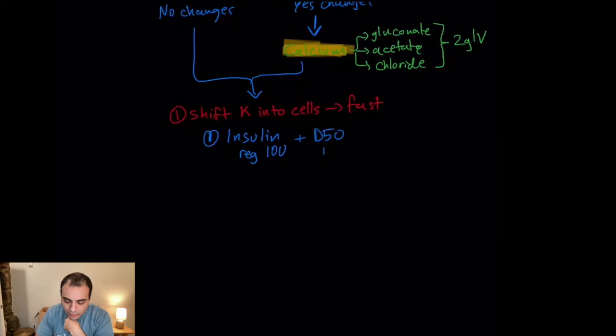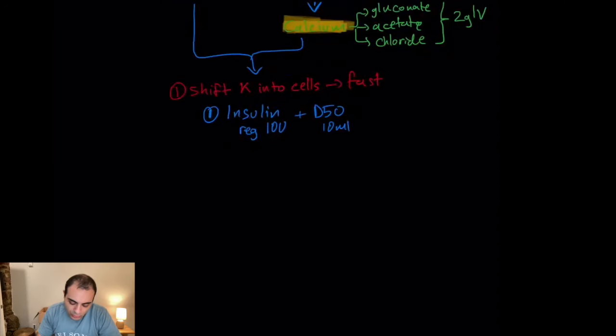So it's like an amp of D50 and 10 units of insulin, and this goes into the patient. Remember, insulin is going to shift all that potassium into the cell, so you will see a drop of potassium, but that doesn't mean that you completely treat it, and we'll talk more.